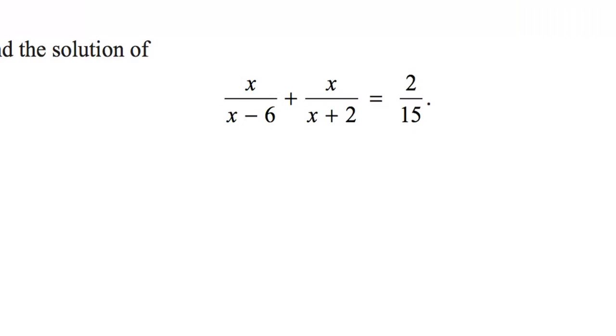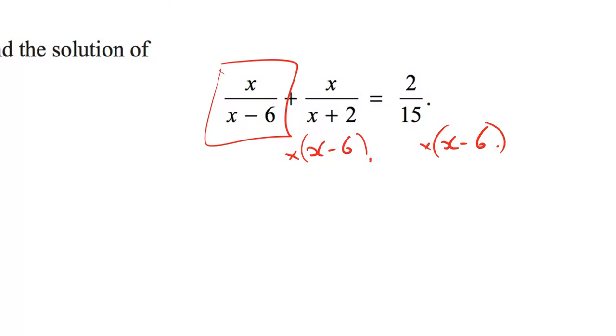So let's start off by multiplying everything on both sides by x minus 6. Remember, we can do that as long as we keep the same thing on both sides. So on this left-hand side first, if I times this first piece of algebra, that algebraic fraction, by x minus 6, it's going to cancel the x minus 6 on the denominator, which means that'll just be x.